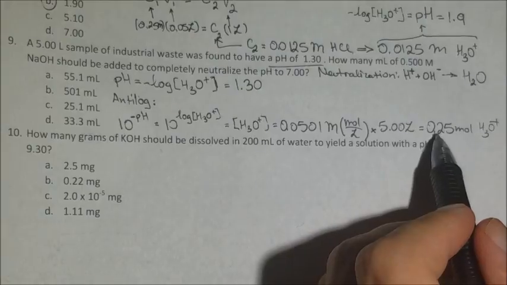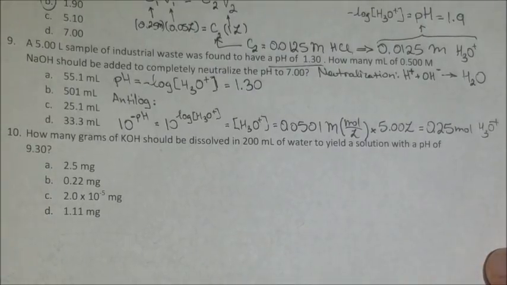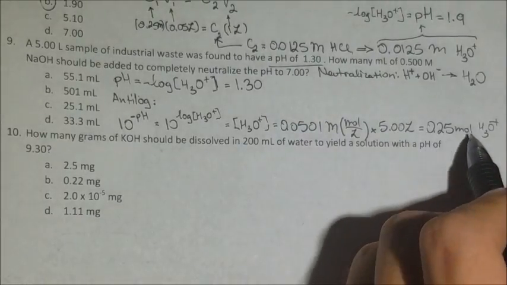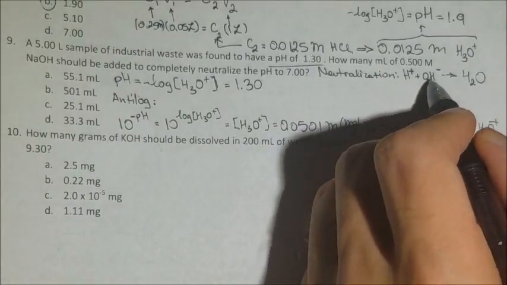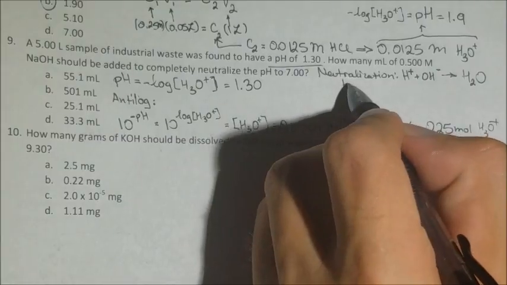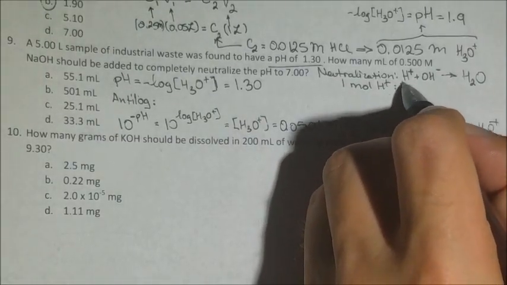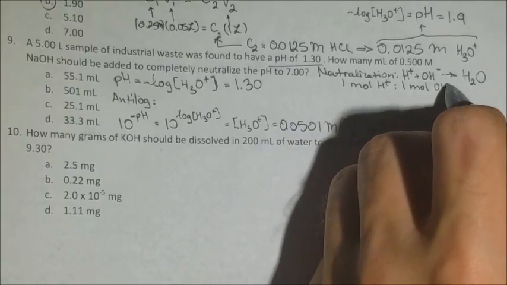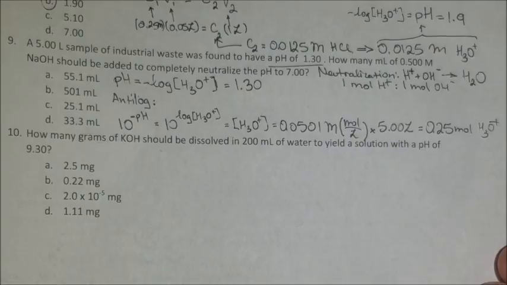So if I wanted to take this 0.25 moles of H3O plus and convert it into moles of hydroxide, which is what I really want to know, I have to multiply it by the mole-to-mole ratio of protons to hydroxide. Well, we see that 1 mole of protons is neutralized for every 1 mole of hydroxide we dump in the solution. Certainly something we've seen before.